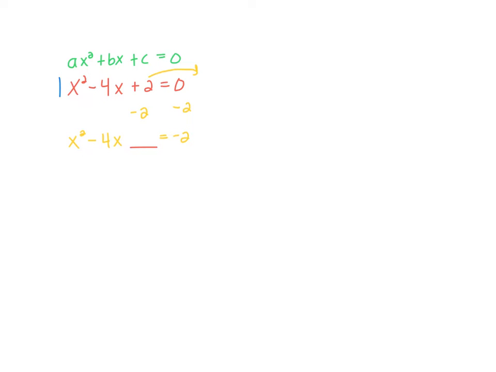Now I'm going to define my new c, so I'll put that over here. To find my new c, we're going to take that b, that negative 4. So c equals b divided by 2, and then squared.